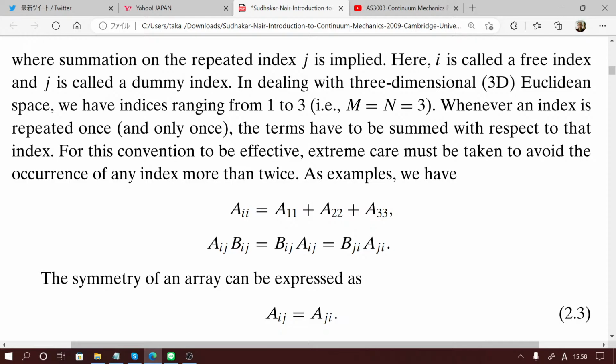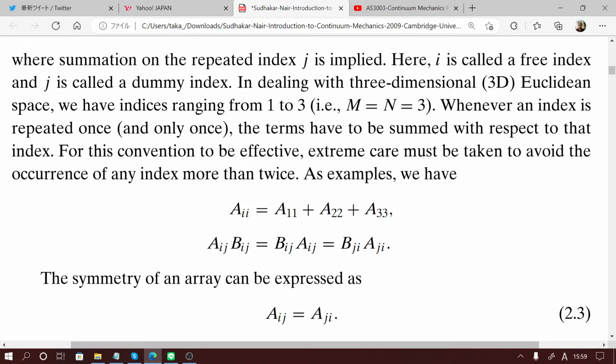As examples, we have aii equal a11 plus a22 plus a33, Aij Bij equal Bj, Bij Aij equal Bji, Aj. The symmetry of an array can be expressed as Aij equal Aji.